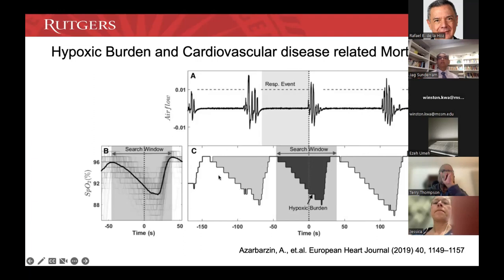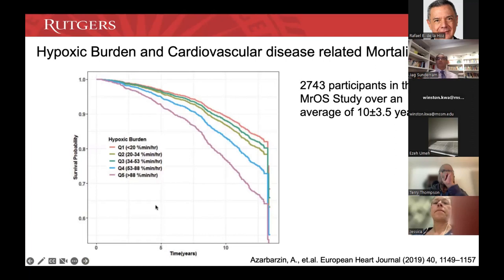So you take that into account, plus the duration of time these events have happened, changing from the baseline, and you integrate all of this data and add them up, and that's called the hypoxic burden. And when you look at the hypoxic burden in cardiovascular disease related mortality, this is looking at MrOS. This is the study that's a community based study in older individuals, older men.